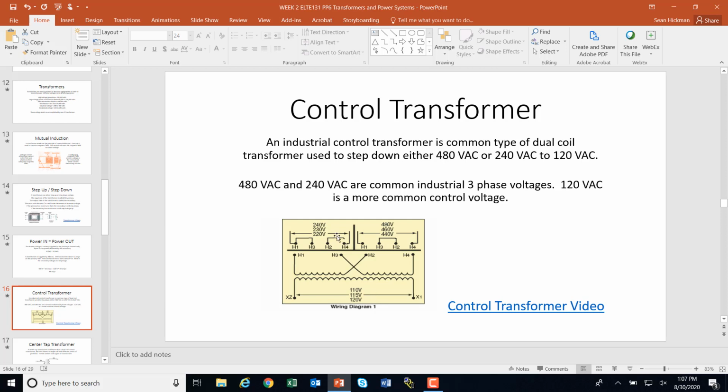For parallel, you run your power once again to H1 and H4, so you would plug in your hot here and your neutral here. Then you would jumper H1 to H3, and also connect H2 to H4.